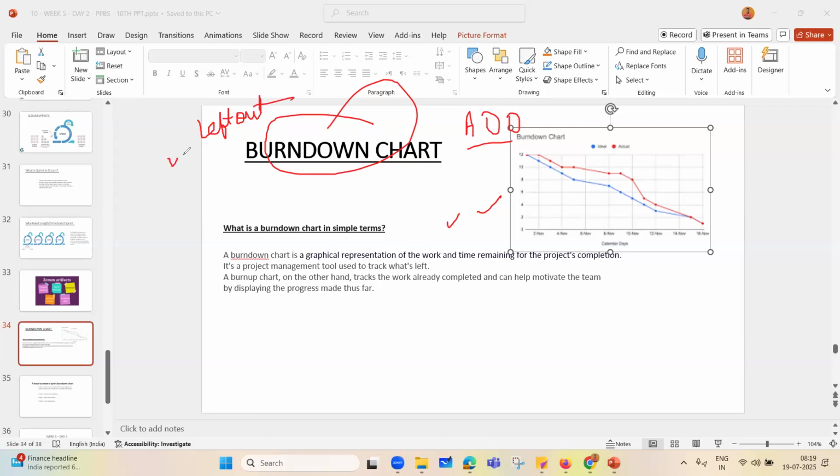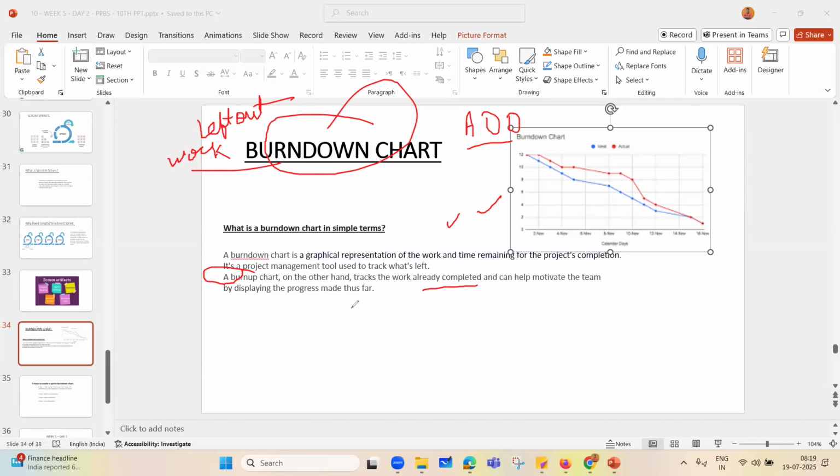Left out work, work remaining, right? So it will talk about work remaining. And burn up chart will talk about work completed. Clear? Yes. Left out work and completed work, that you need to remember.